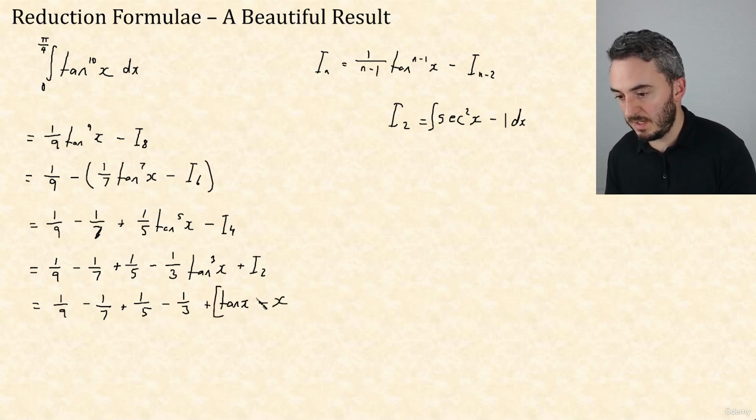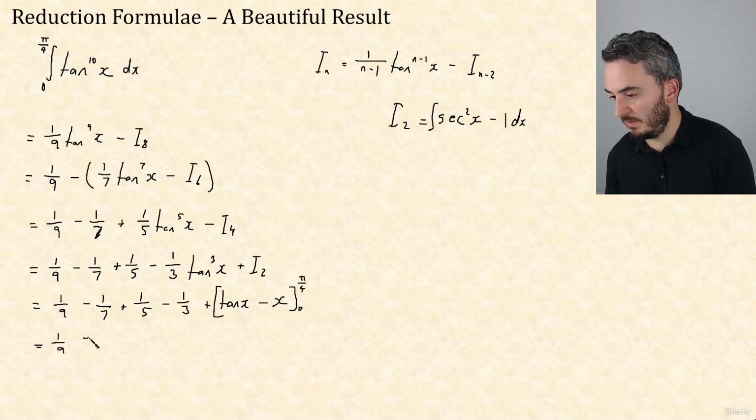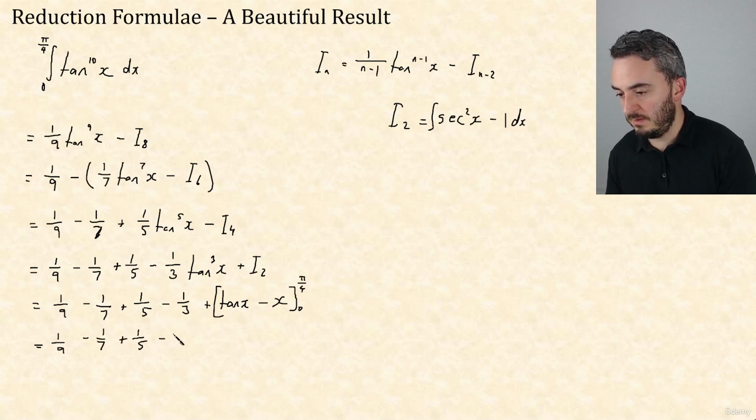And I need to sub in my limits, 0 and pi over 4. This tells me that my answer is 1/9 minus 1/7 plus 1/5 minus 1/3. Sub in your limits there, you get 1. Sub in your limits there, and you get pi over 4.